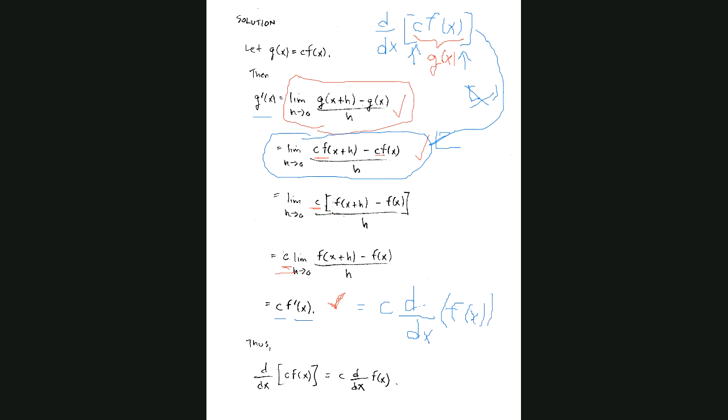Because f prime of x means take the derivative of the function with respect to x. Well, that's what this means too, right? So hence you get your result.